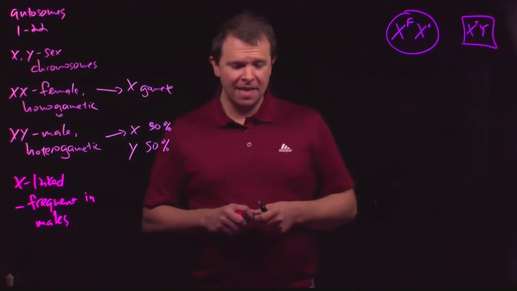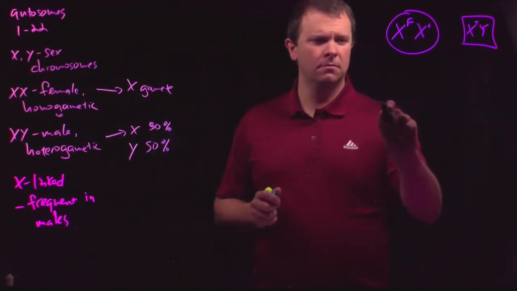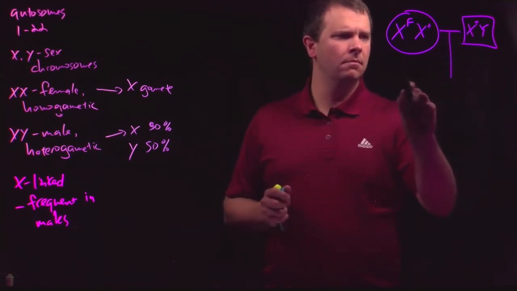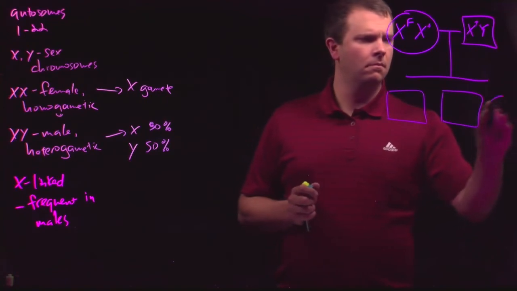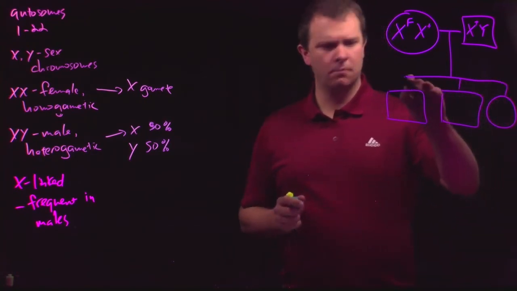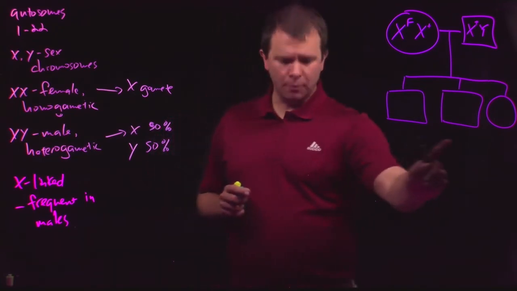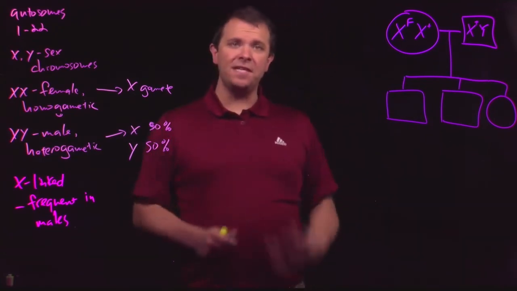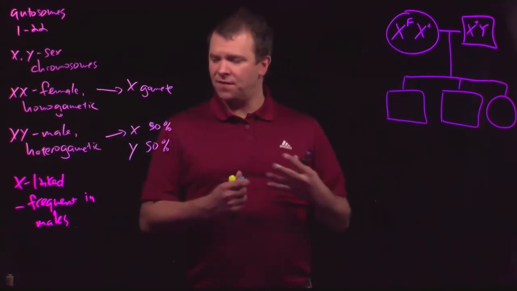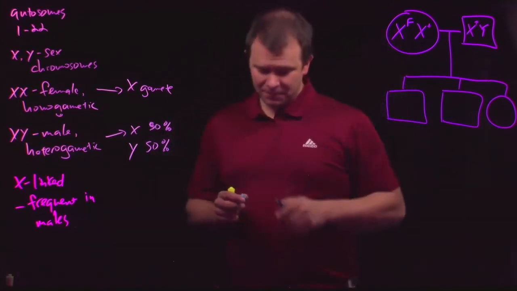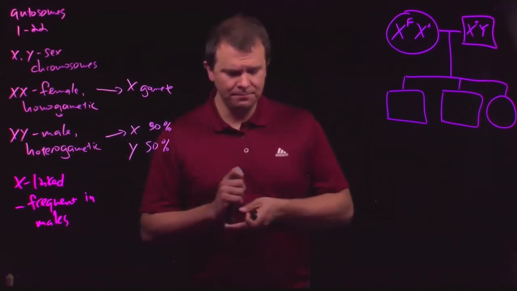These two folks have 3 children, 2 boys and a girl. And remember, each of these 2 boys has a 50-50 chance of getting the normal allele from their mom and a 50-50 chance of getting the disease-causing allele from their mom.